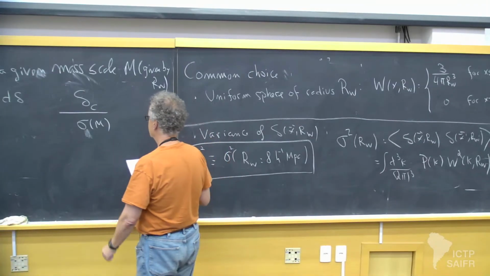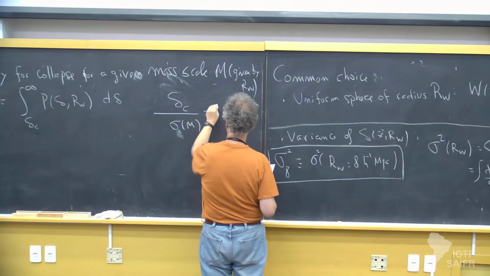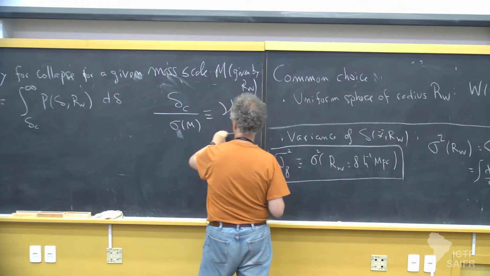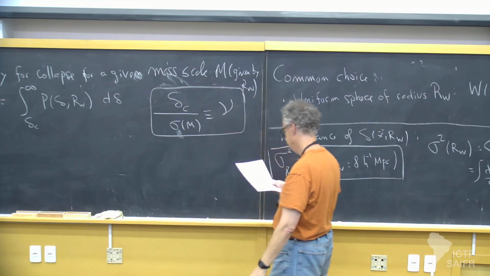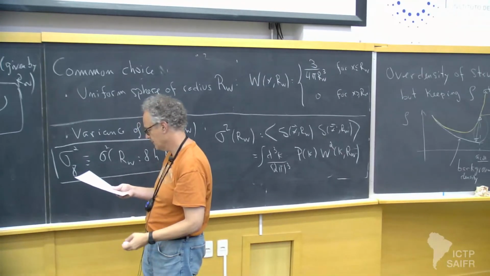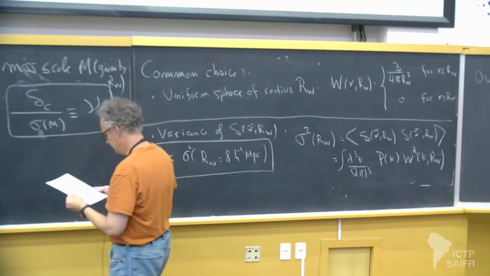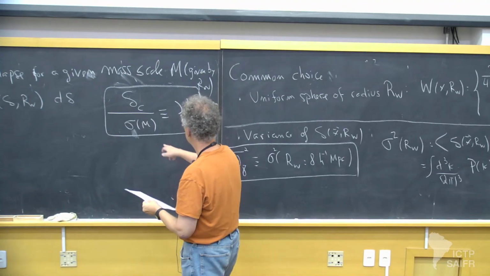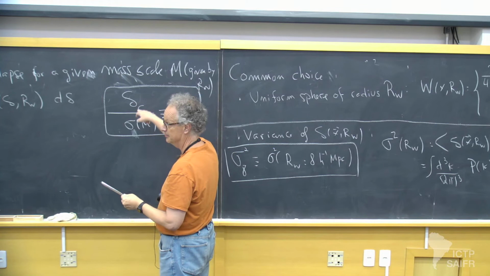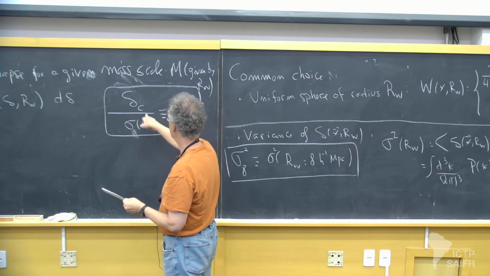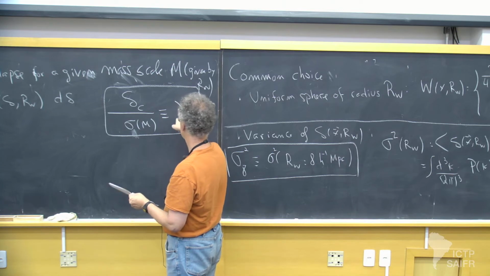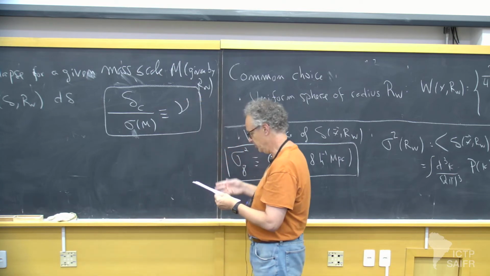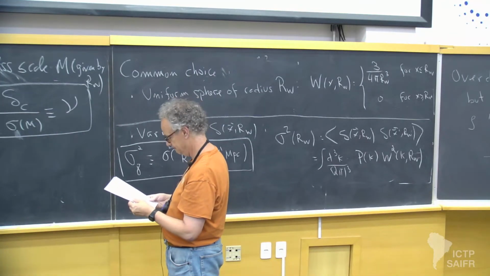And this quantity usually is given a name, which is nu. And the typical mass scale happens when this is near 1. So when sigma of m star is near delta C, where nu equals 1.